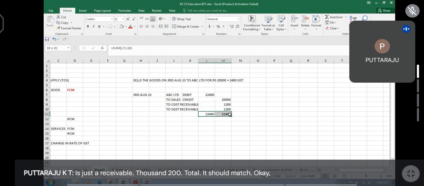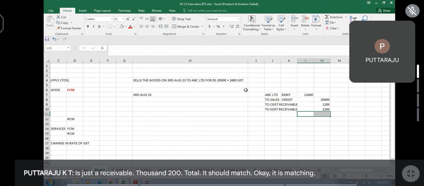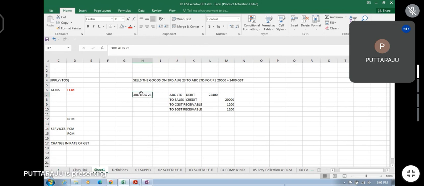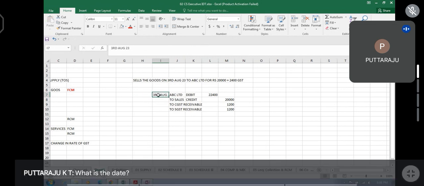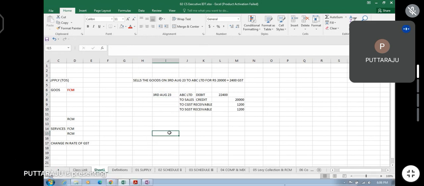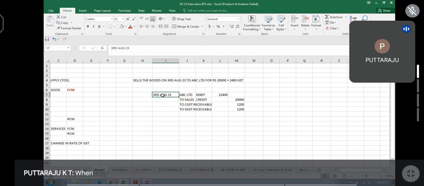Okay, it is matching. What is the date of supply? 3rd August.